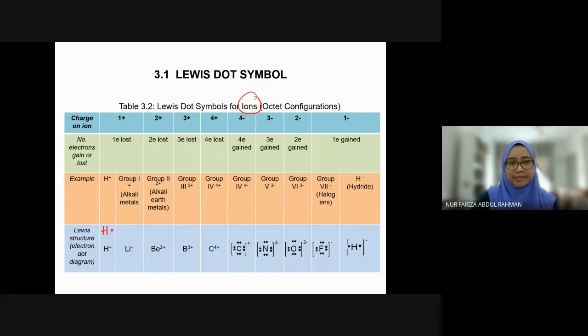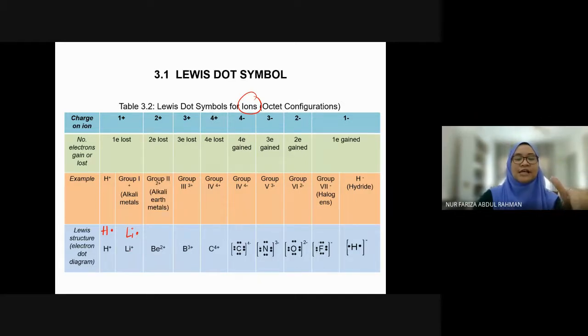Same goes to lithium. Okay, so we know that lithium initially we have 1 electron, 1 dot dekat situ kan. When the only electron dekat valence shell tu is being removed, there's no electron pada valence shell.